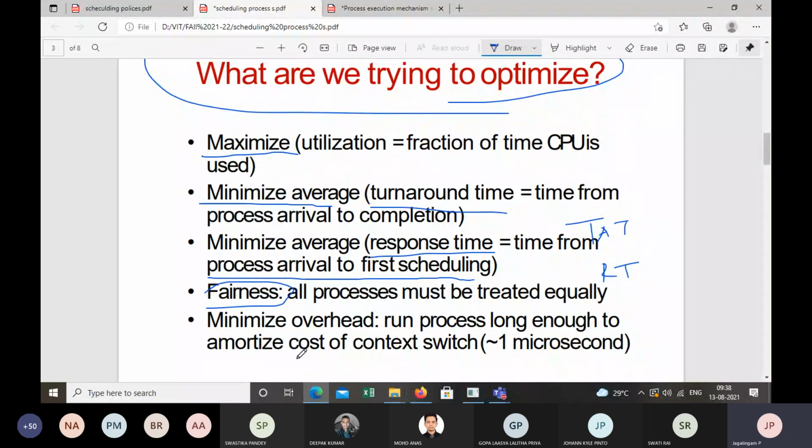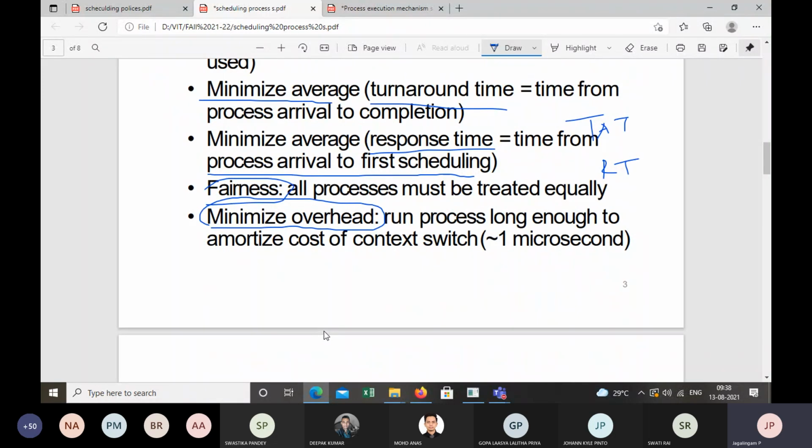The last important job of the scheduler is to minimize overhead. Can you tell me what you mean by minimize overhead? If you give me a brief explanation for this, it will be very good. What do you mean by minimize overhead?